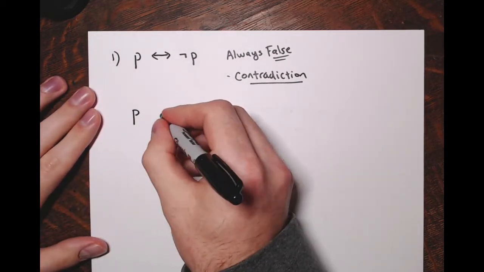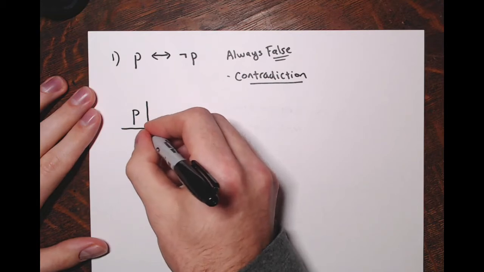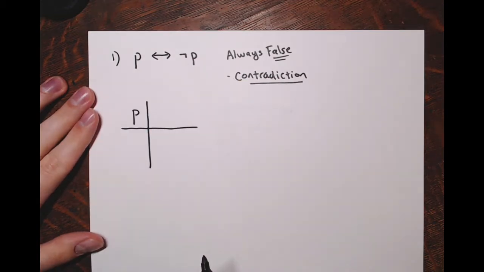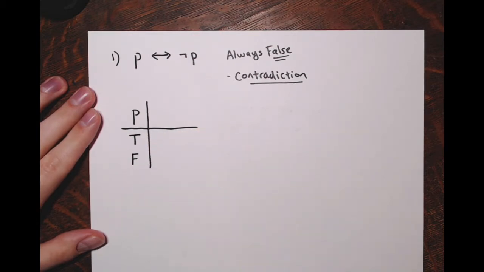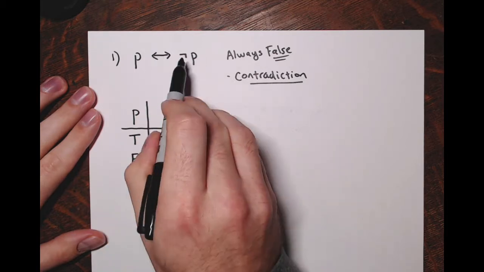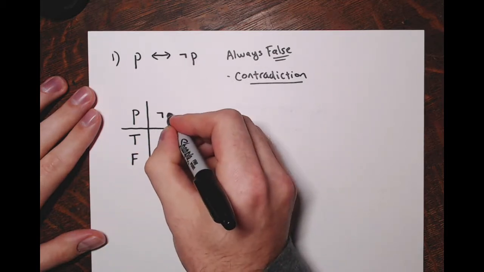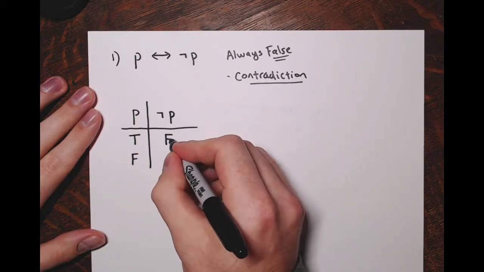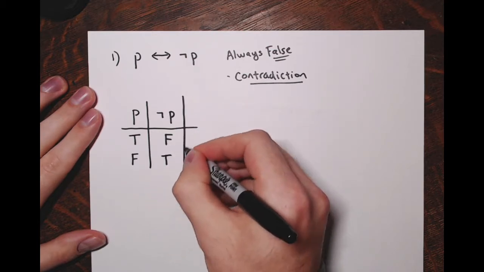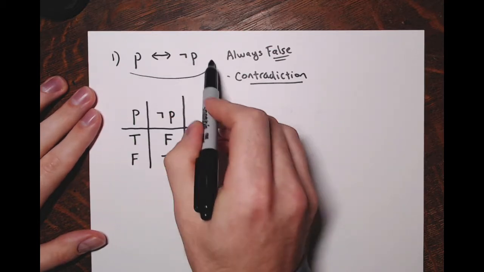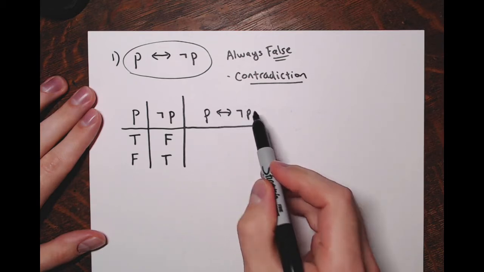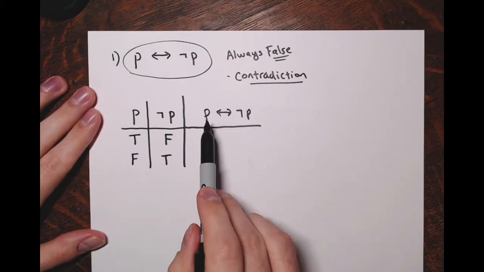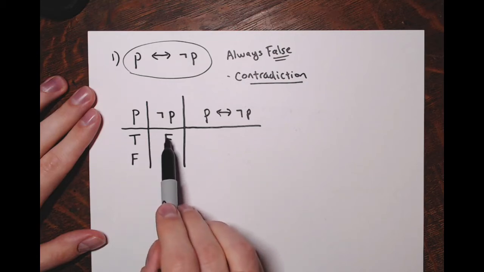Let's see that in the truth table. There's only one propositional variable here, P, so there are only two rows: one where P is true, one where P is false. I'm seeing not P show up, so here's not P: false, true. Then I'll make a column for the statement P if and only if not P. In the first row, P is true and not P is false.